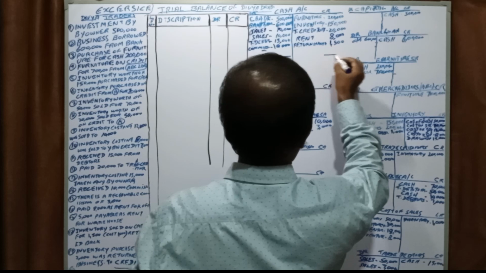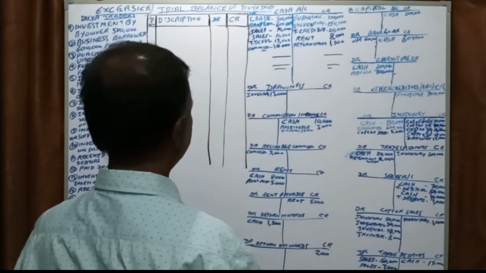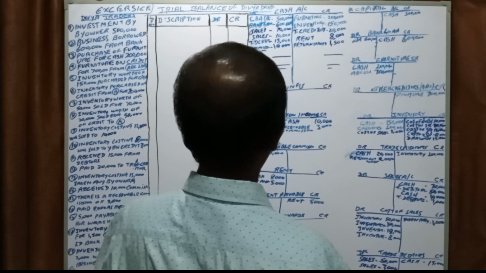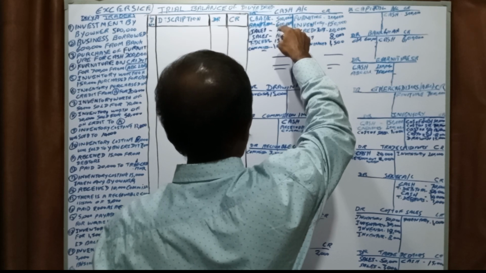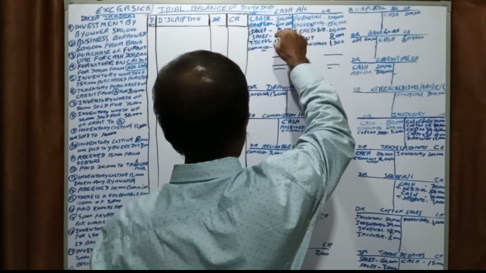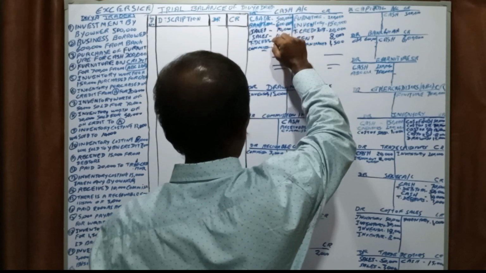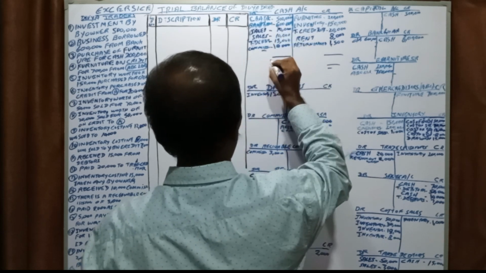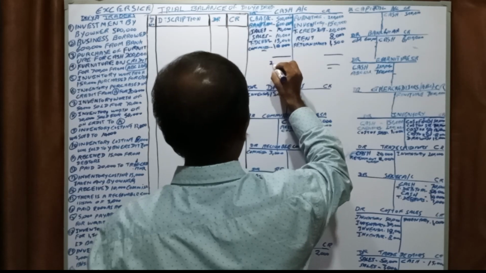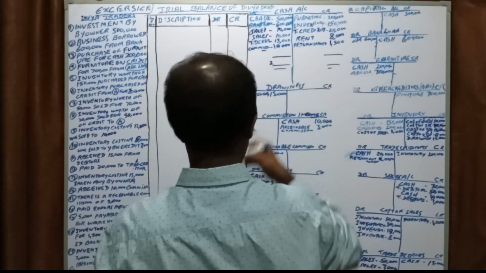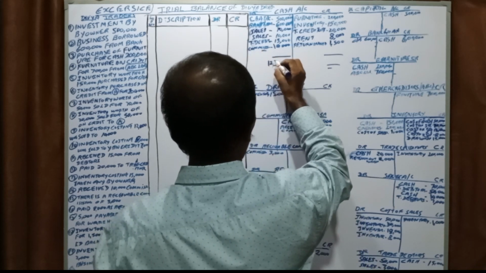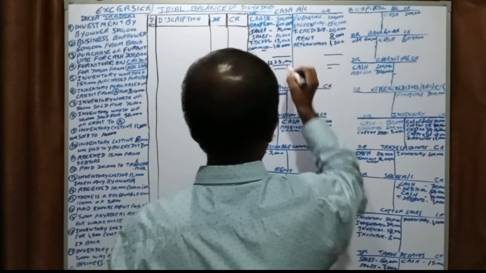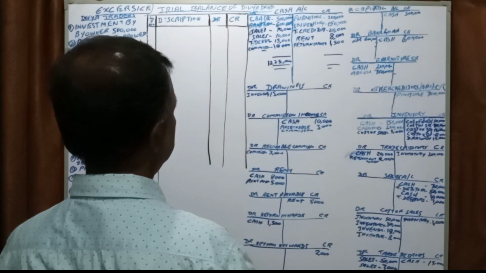Very first account. The total is 1,225,000.